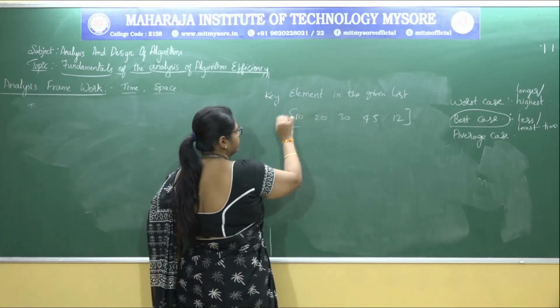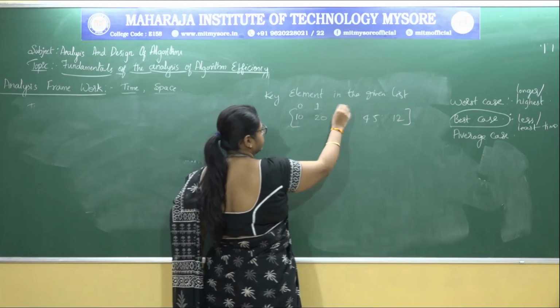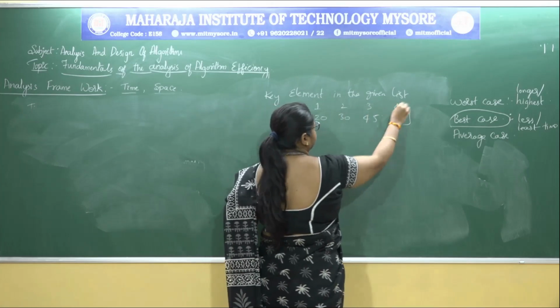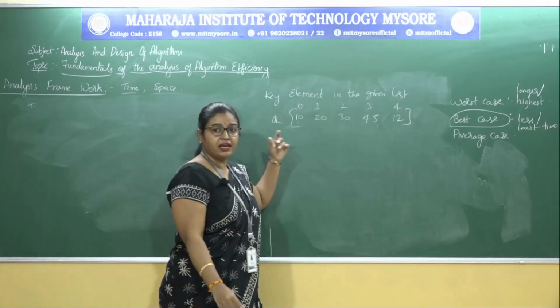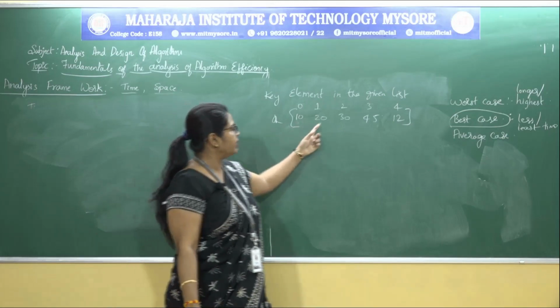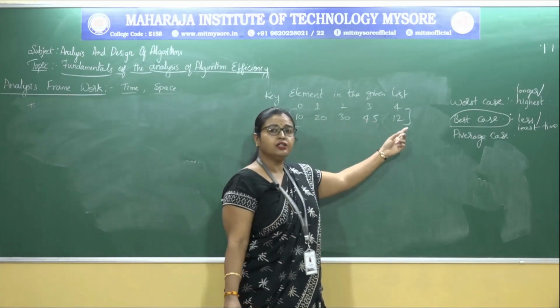A list is usually represented using the data structure array. This is an array A having 5 different numbers: 10, 20, 30, 45 and 12.